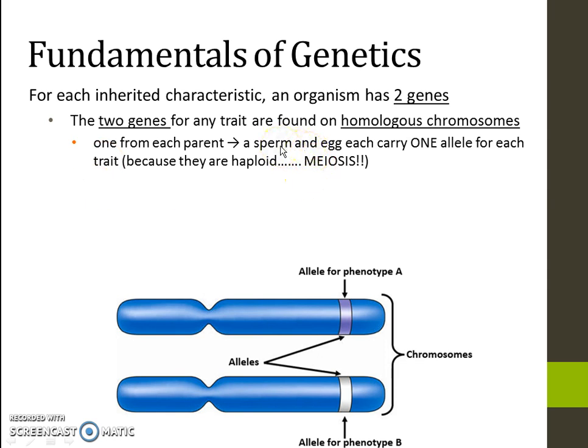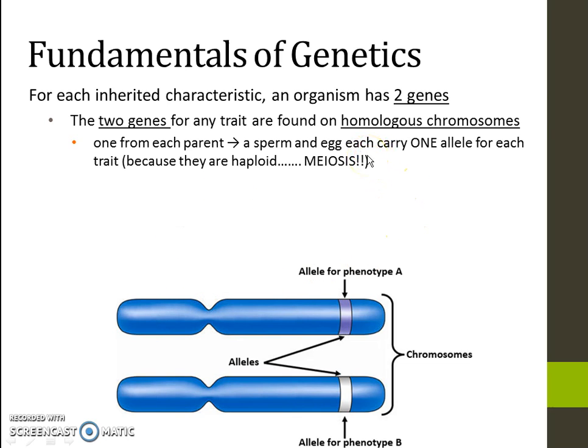So during fertilization, a sperm and an egg each have one copy or one allele for each trait, one gene for each trait. And they're able to do this because the egg and sperm are haploid, and they're haploid because of meiosis.